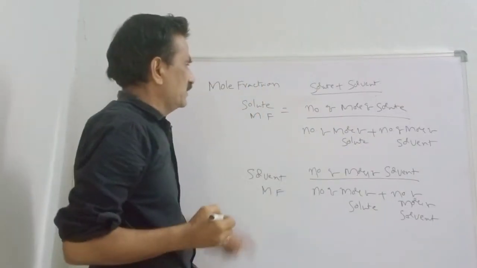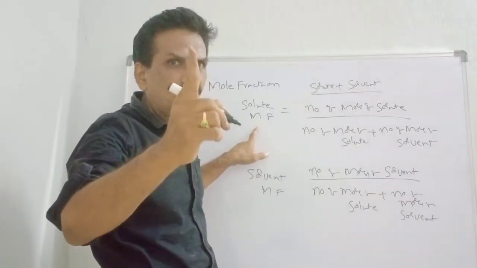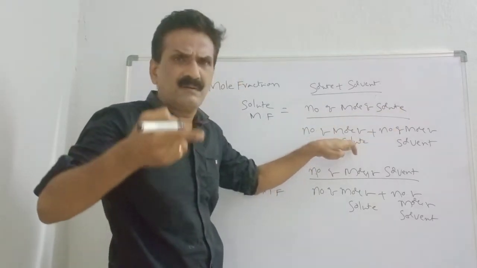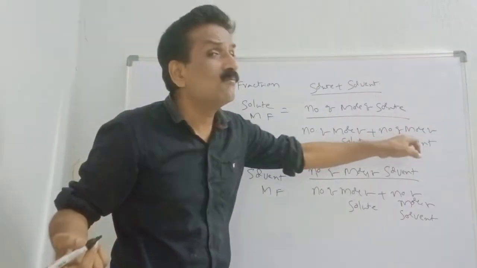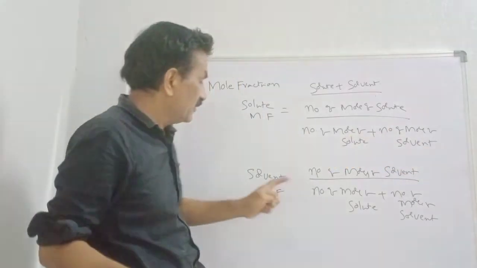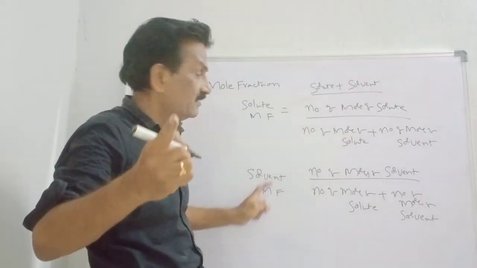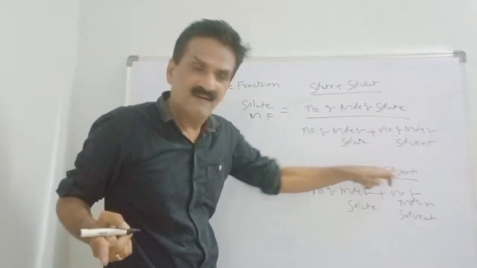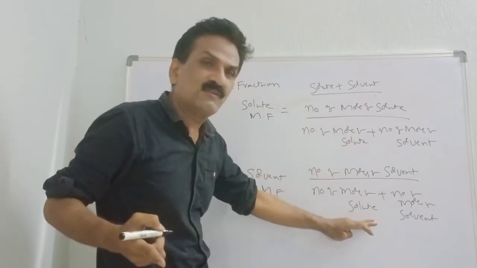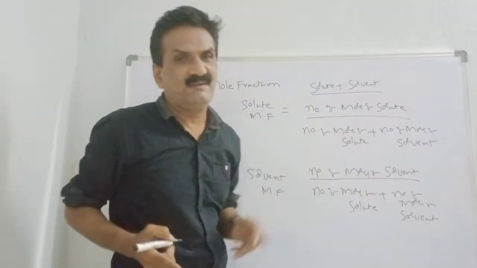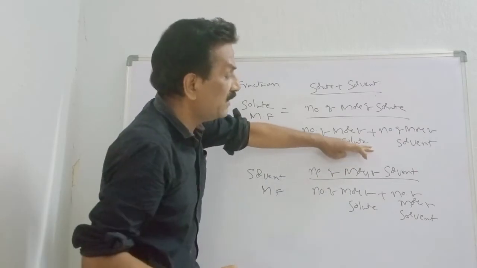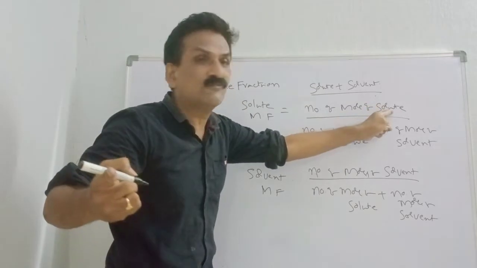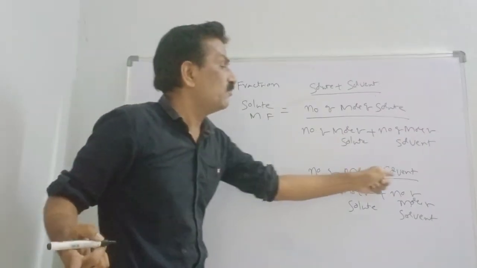Please listen to me. If you want solute mole fraction, what you have to do? Number of moles of solute upon number of moles of solute plus number of moles of solvent. If you want mole fraction of solvent, number of moles of solvent upon the same. The denominator is the same, but in the numerator, if you want solute, you mention solute; if you want solvent, you mention solvent.